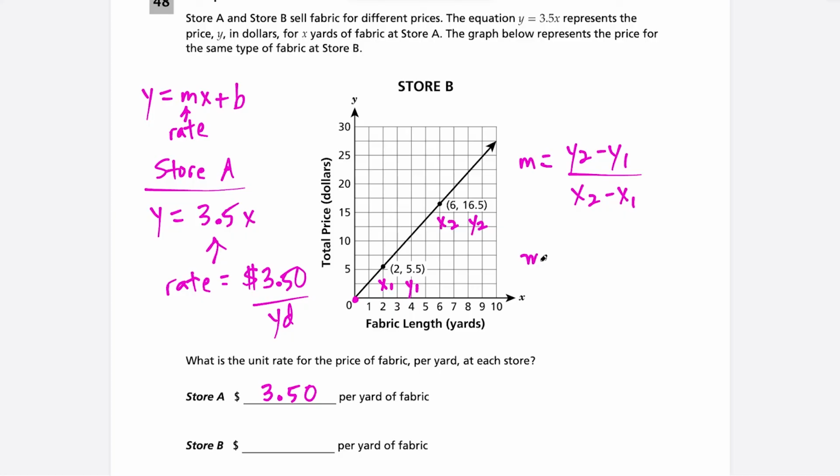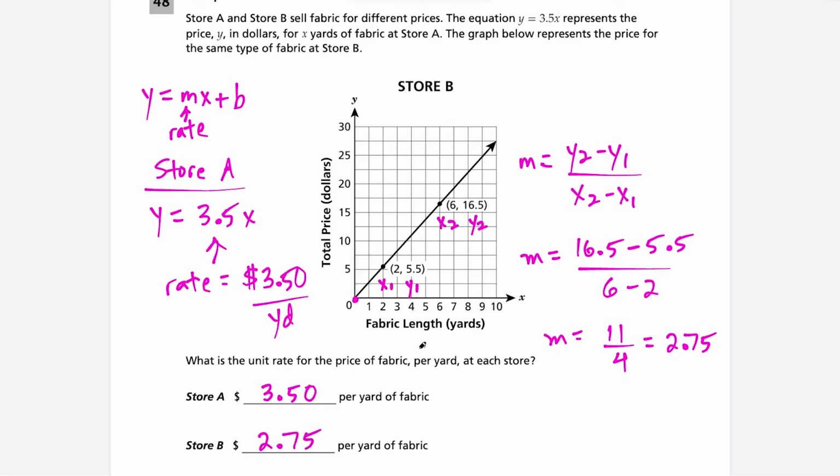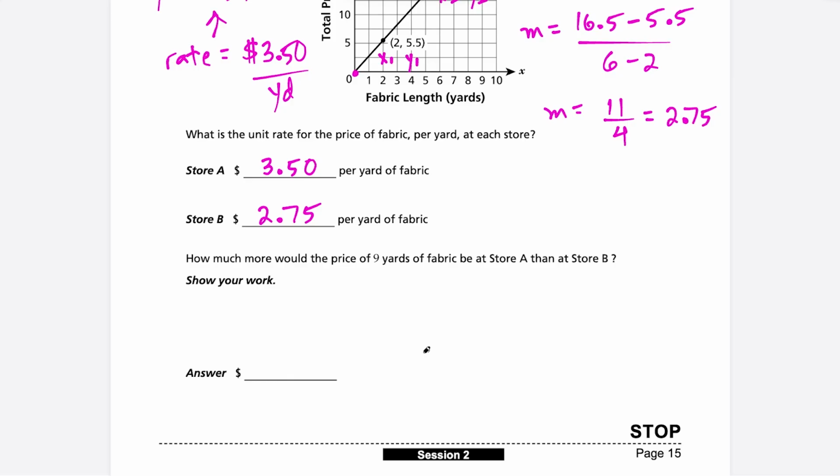Now I just plug in. The slope is going to be 16.5 minus 5.5 divided by 6 minus 2. 16.5 minus 5.5 is 11, divided by 4. We could type that into a calculator, and that's going to give us 2.75. So now I just write that in store B's location over here. Store B, they charge $2.75 per yard of fabric.